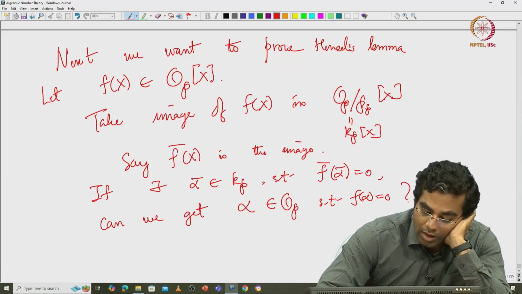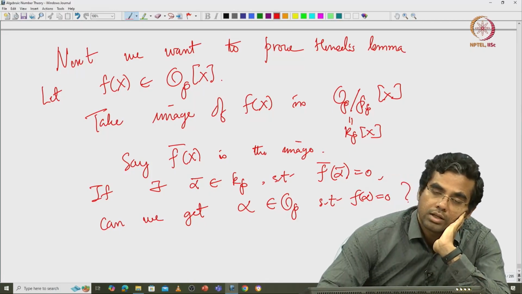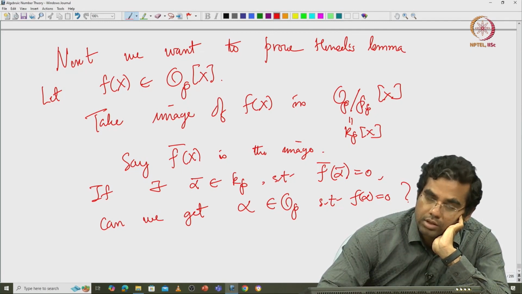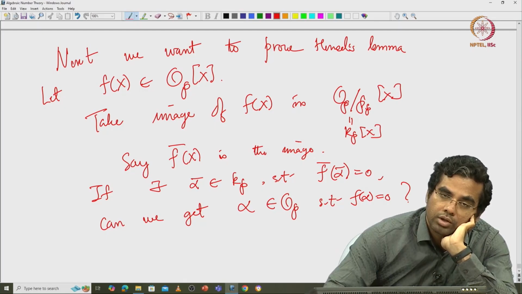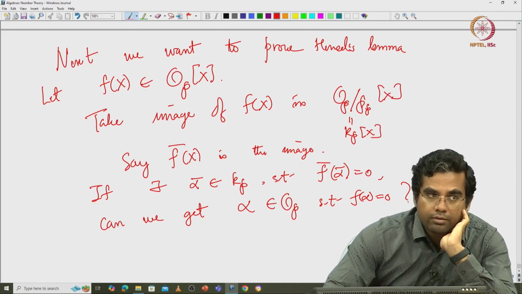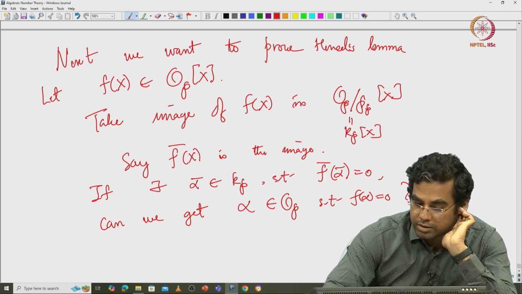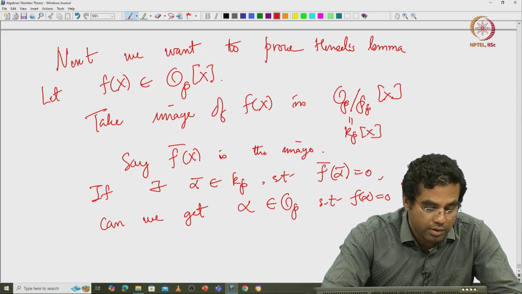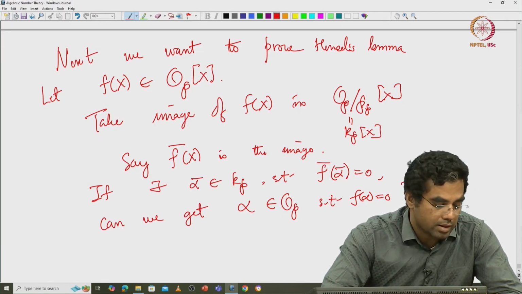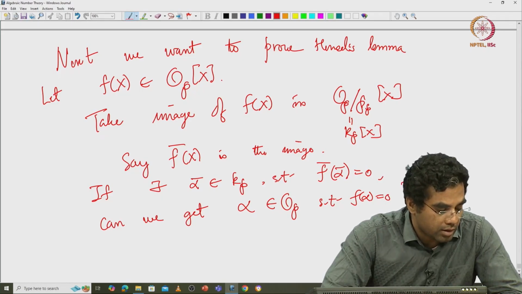And of course, the answer in general is no, we can't get such a thing in general, but there is a very nice condition on f that will tell you how to do this. So, before giving you the statement of Hensel's lemma, let us look at an example.